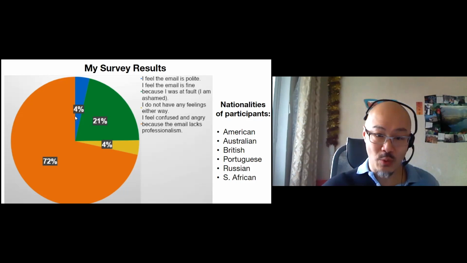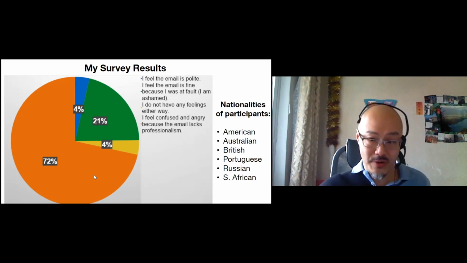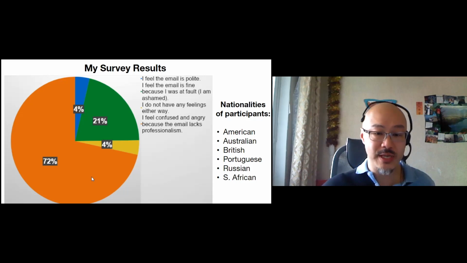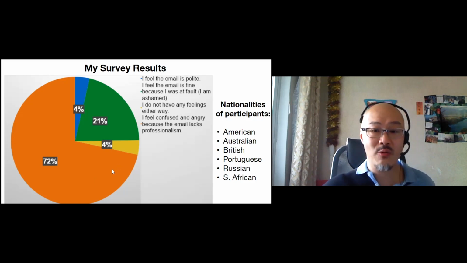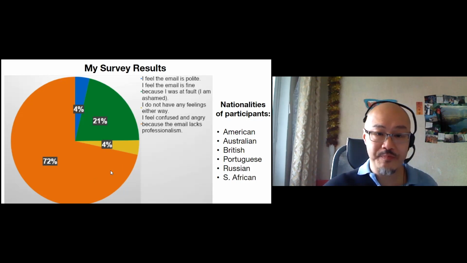In this small part, there were no Americans, Australian, or British people. Although the Portuguese, Russians and South Africans also, some of them, shared similar views that the email was quite rude and quite confusing as well. There were no native English speaking people within this part.